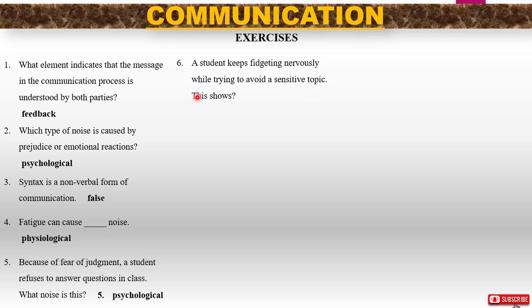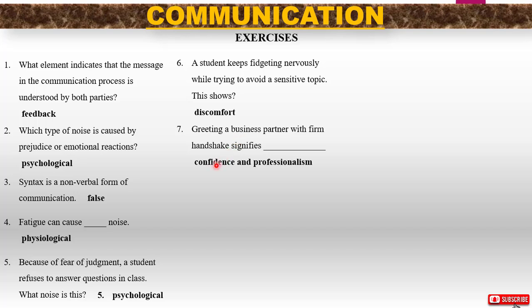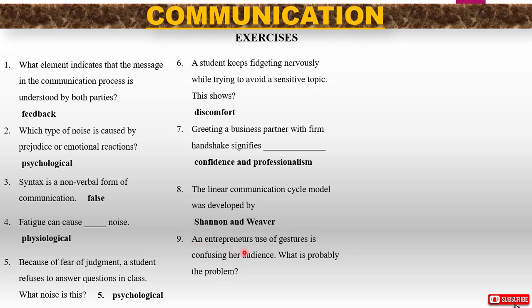This shows that the student is uncomfortable, so it is showing discomfort. Greeting a business partner with a firm handshake signifies what? Confidence and professionalism. The linear communication cycle model was developed by Shannon and Weaver. An entrepreneur's use of gestures is confusing her audience. What is probably the problem?